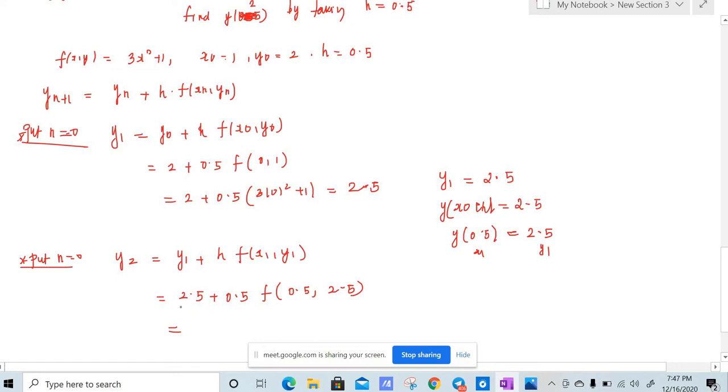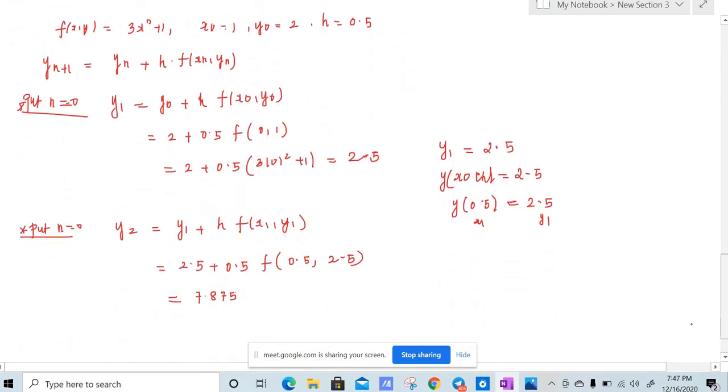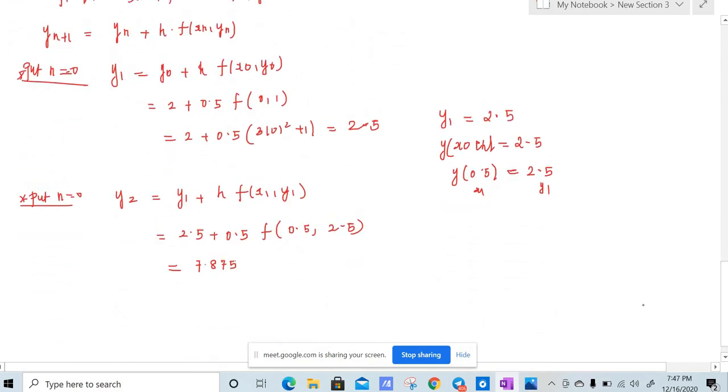So you will have y2 is equal to 7.875, right? Sorry, actually x0 is 1, right?